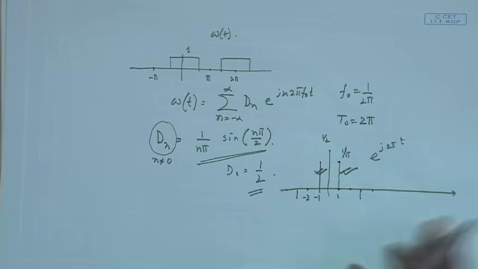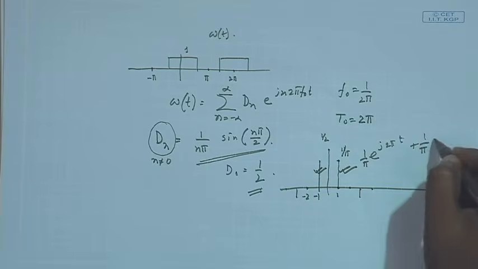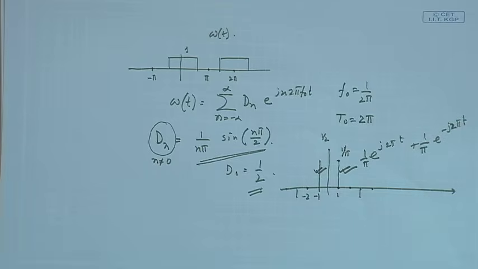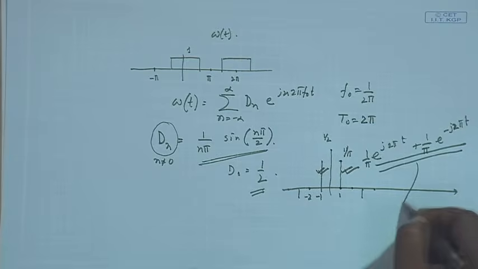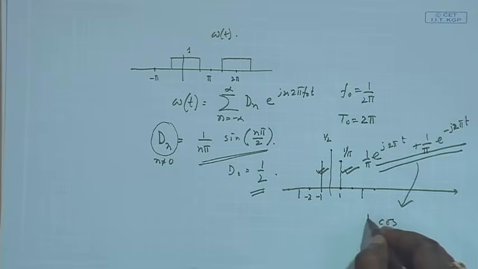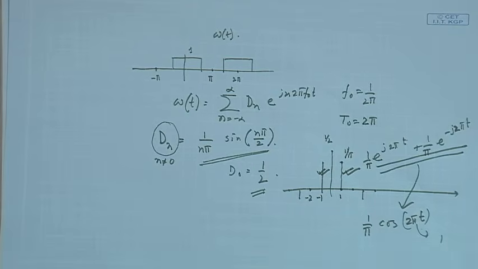And because the dn's are for both the cases 1 by pi, it becomes 1 by pi e to the power minus j 2 pi t, and then if you just add these two, what you get is actually a cos with strength 1 by pi. Okay. So, that means the frequency of it is 1 and the strength is 1 by pi.